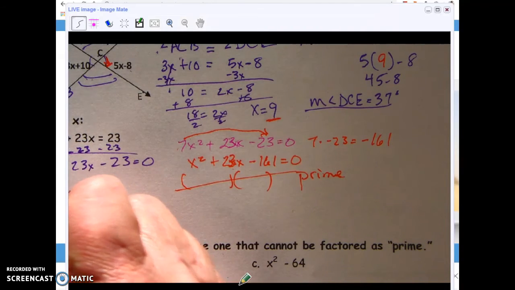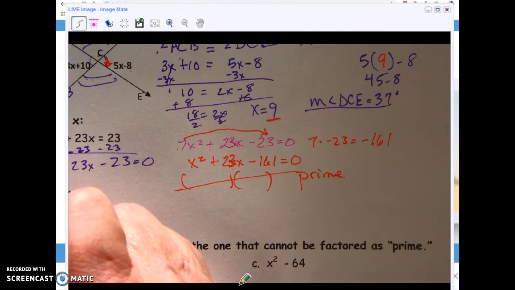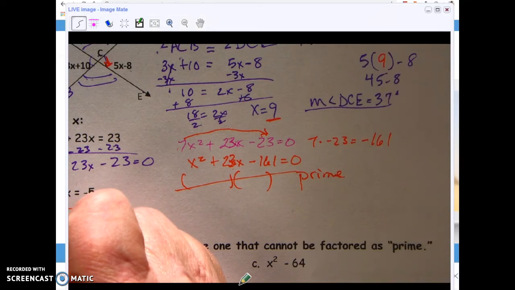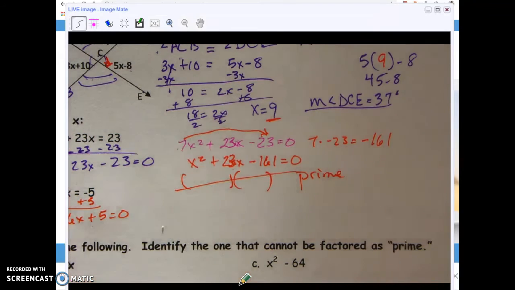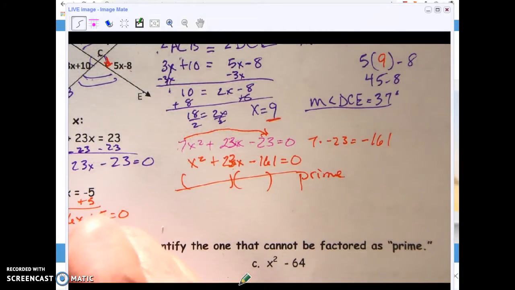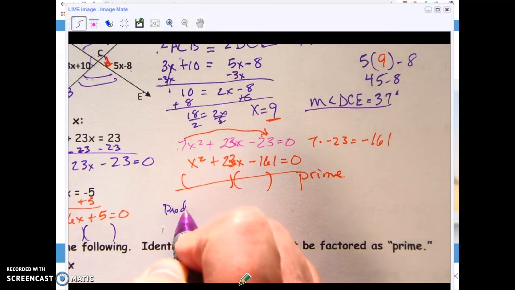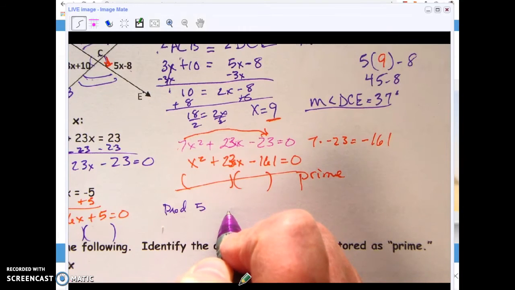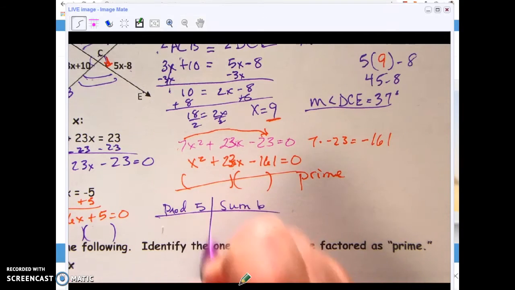Okay, now let's look at this one. Again, my first move, add 5 to both sides. X squared plus 6x plus 5 equals 0. Now, product and sum. Product 5, sum 6.